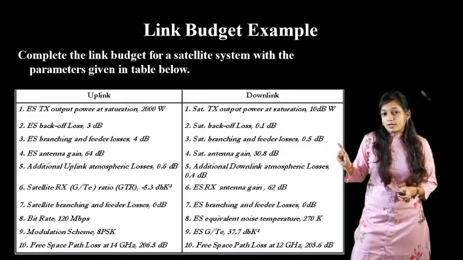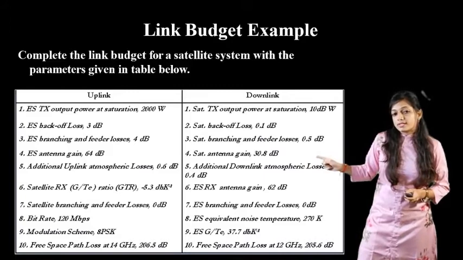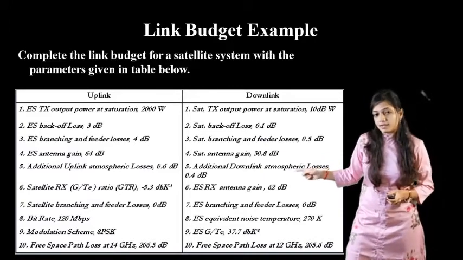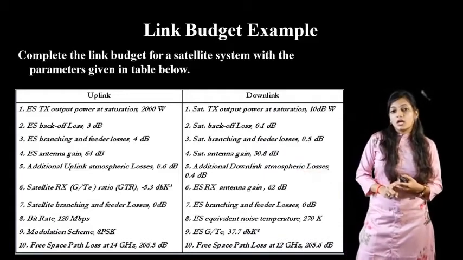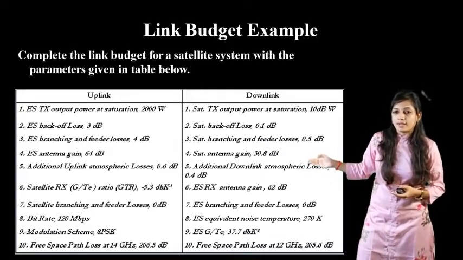Earth station antenna gain, you can compare easily. The gain of my transmitting earth station antenna is 64 dB, which is higher, or I can say double the gain of my receiving antenna. Why?